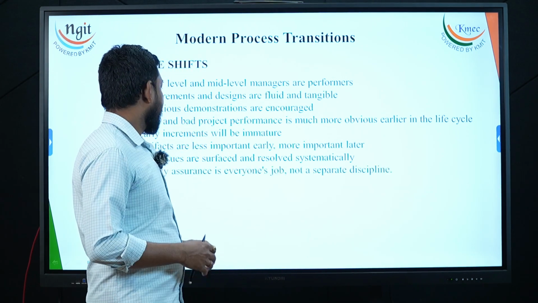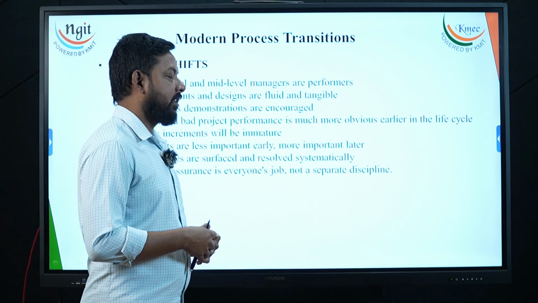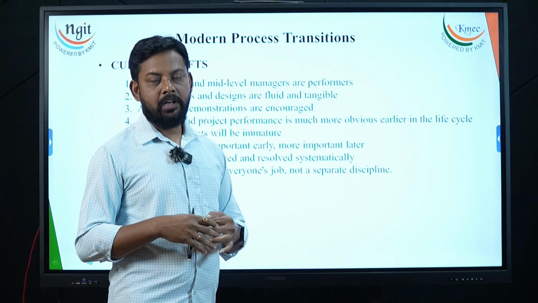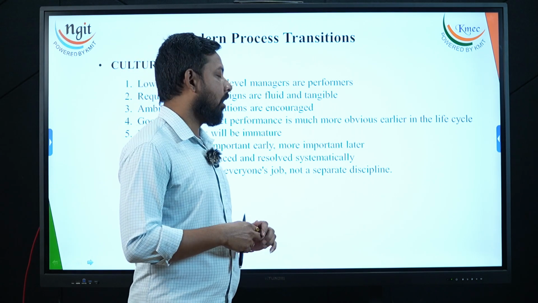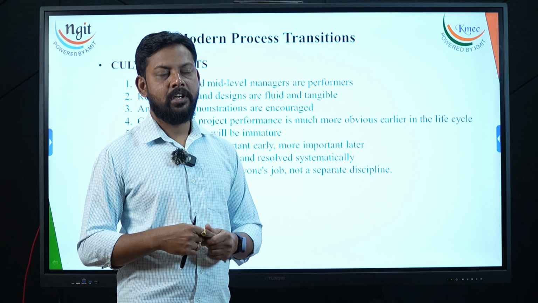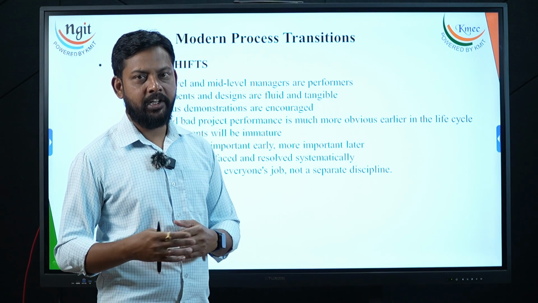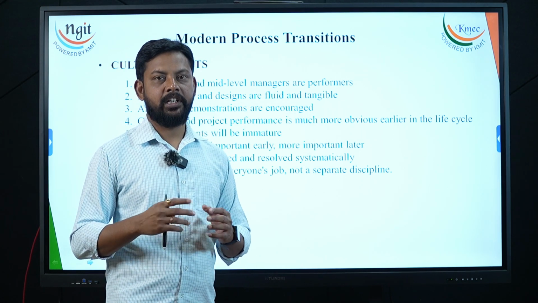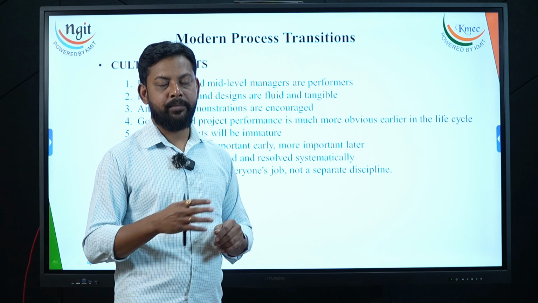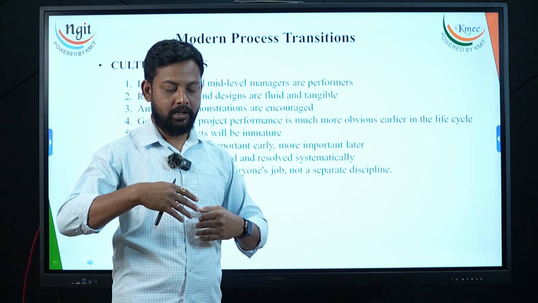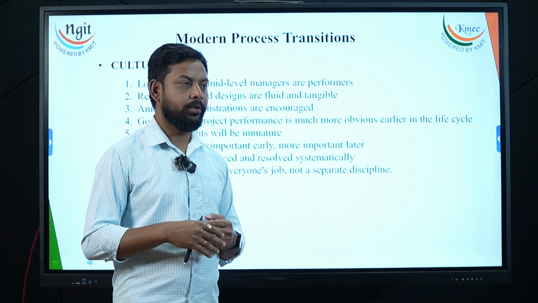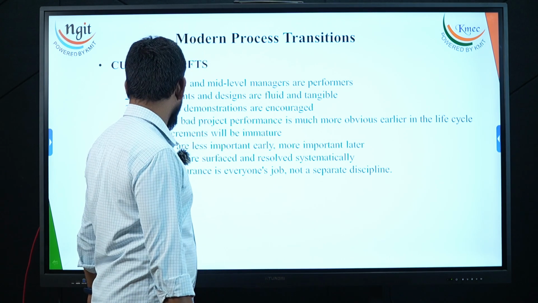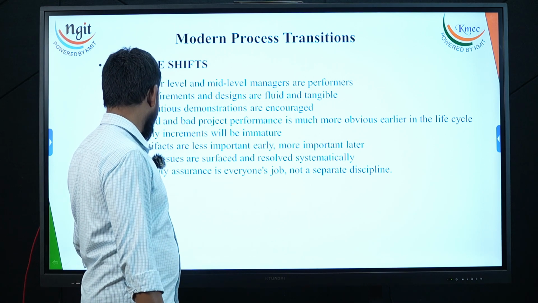And next you have quality assurance is everyone's job, not a separate discipline. In your conventional model, at every phase everyone plays their own responsibilities, but in your modern approaches, the quality assurance of your project development is taken as a responsibility of every person or every test case, like automation tools that are being used in your project, and it is not taken as a separate point here.